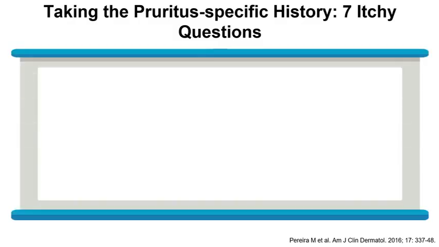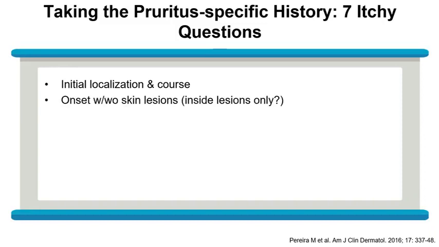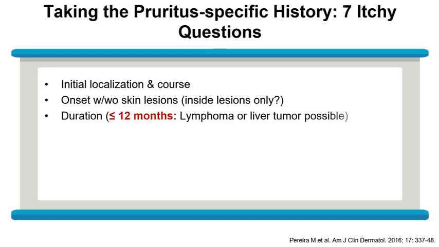Yeah, so pruritus-specific history, we ask when did it start, where did it start, how was the course, was there an onset with or without skin lesions, and if you had skin lesions, was it also outside the skin lesions, how long is the itching?